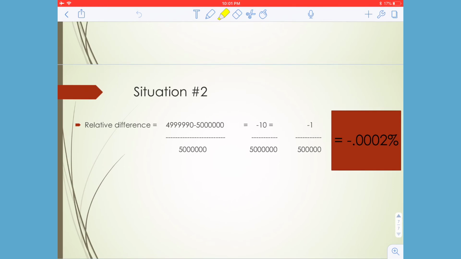If I do my $5 million example, the $4,999,990 minus the $5 million all over the original, I end up with the fraction of negative 1 over $500,000, which is only a relative difference of negative 0.0002. And thus, it's not impacting me as much as situation number one would be.